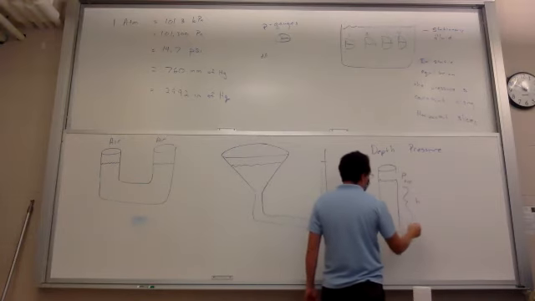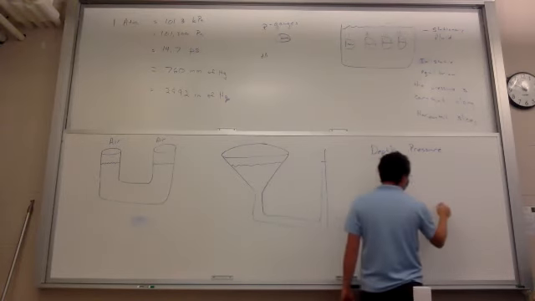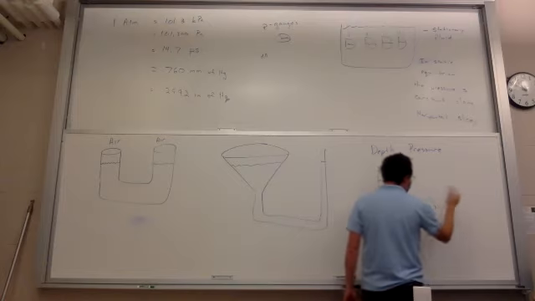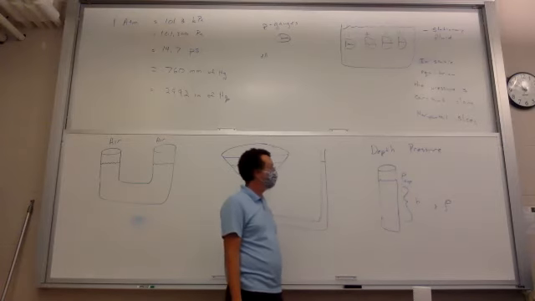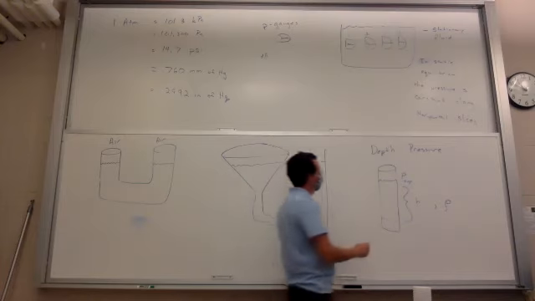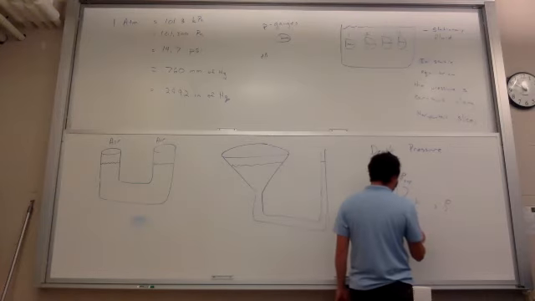And we'll say that the fluid has a density given by rho. Right? And what I'm going to want is the pressure at the bottom.